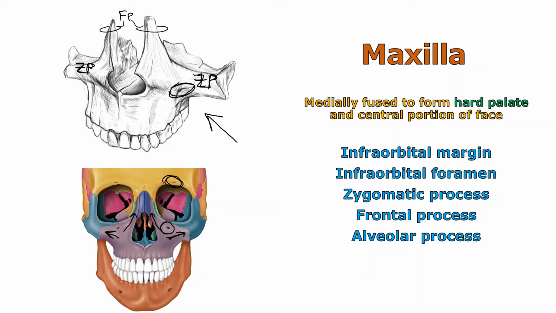Of course, being that this is another tooth-bearing bone, we should see the alveolar processes, where the teeth are, and down here on the bottom what we'd call the tooth sockets, or the alveolar processes that allow the tooth to stick into the maxilla.